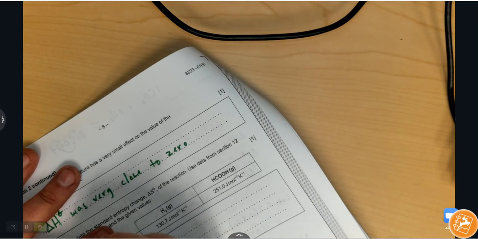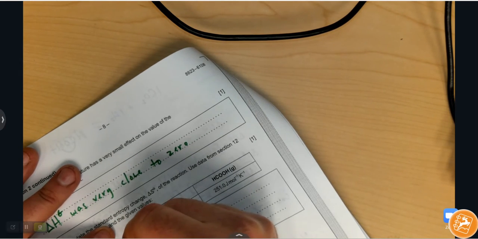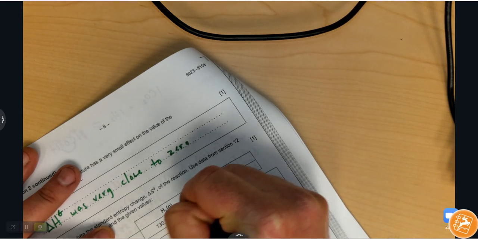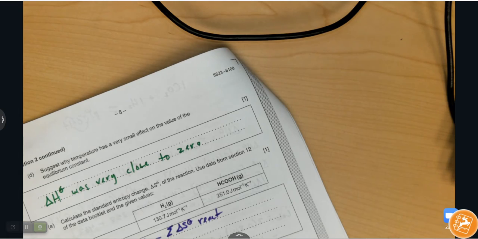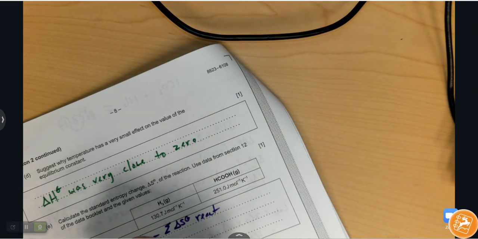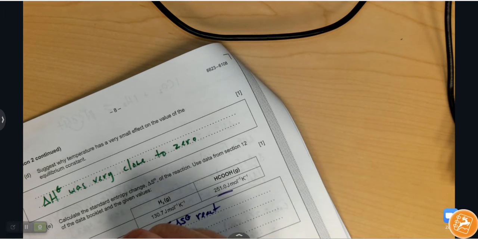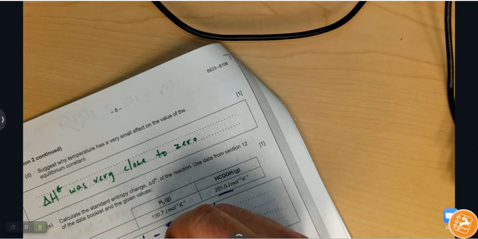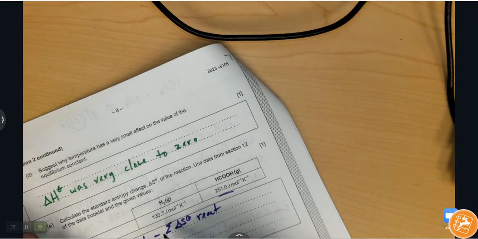How do we know? Because whenever it's table 12, the change in entropy will be the sum of the entropy of products minus the sum of the entropy for reactants. There's only one product, methanoic acid, so it'll be 251.0 minus the sum of hydrogen and carbon dioxide.